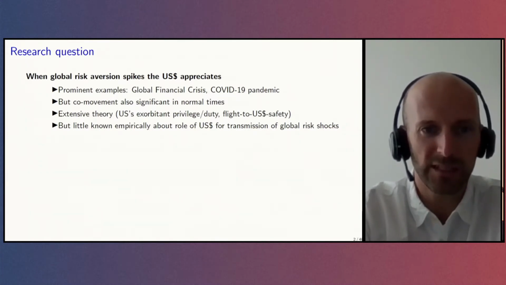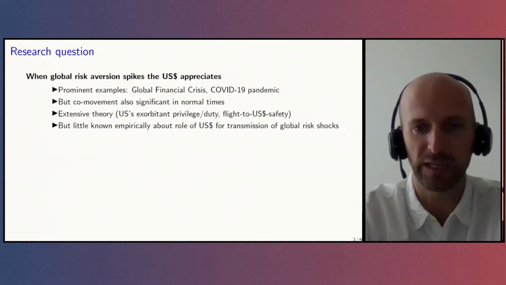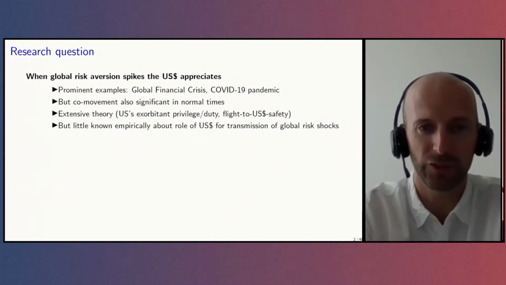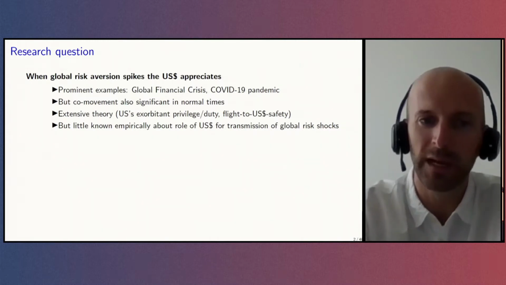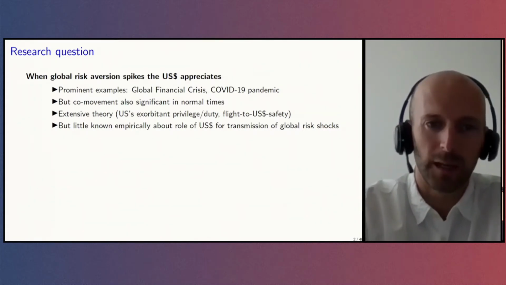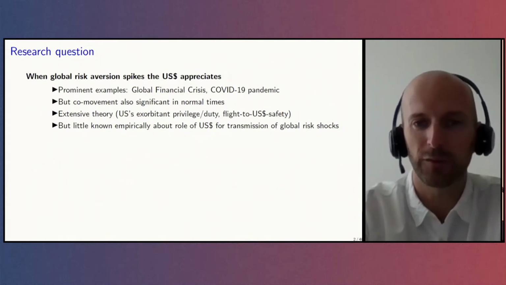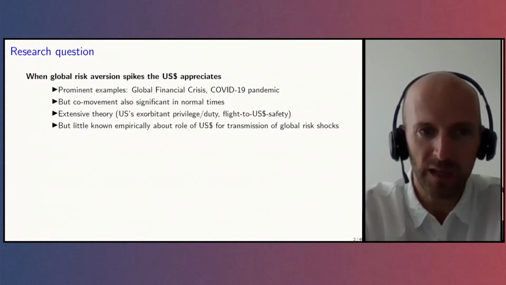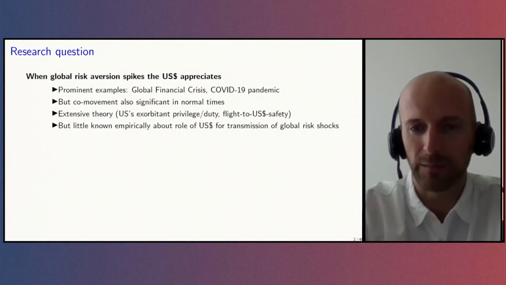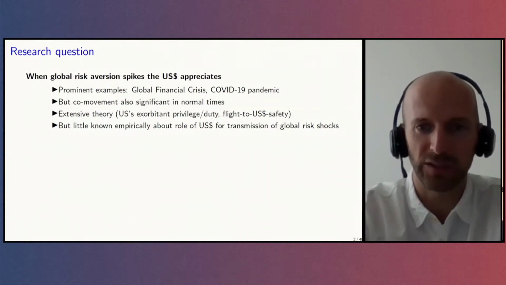Now, there's extensive theory that looks at the role of the dollar exchange rate, of dollar assets, of US treasuries in the international monetary system, and that derives notions such as the US's exorbitant privilege, its duty, from some frictions that make these US assets and the dollar exchange rate very prominent.